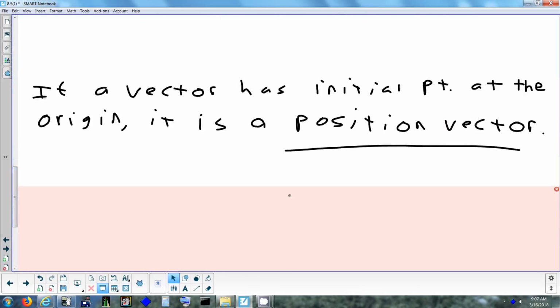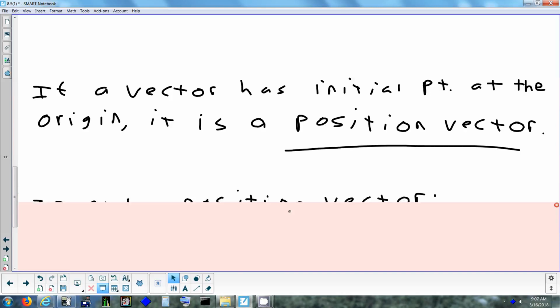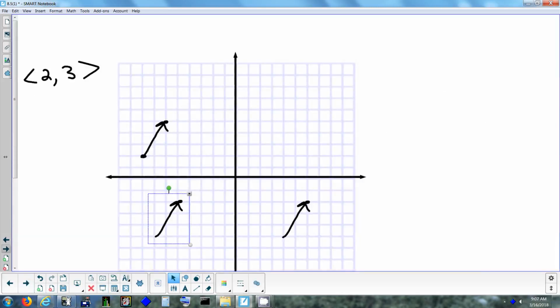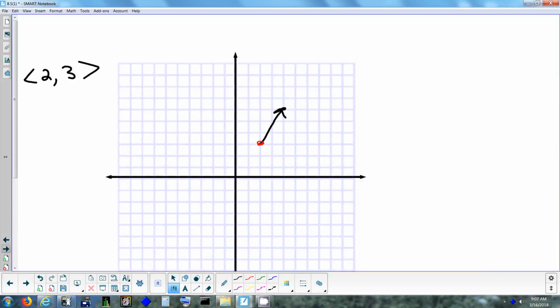Okay. In fact, I'm going to put the other picture back up on the screen. And then we'll come back to this and I'll show you how to find a position vector. Okay, so let's put one in the first quadrant just to make numbers easier for us. And pretend these two don't exist. And all I'm going to do is tell you the initial and terminal points. So we've got 2, 3.